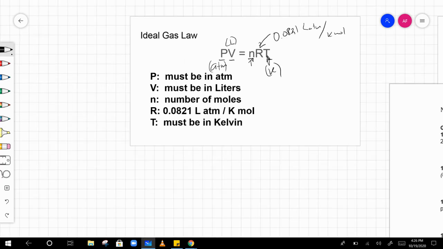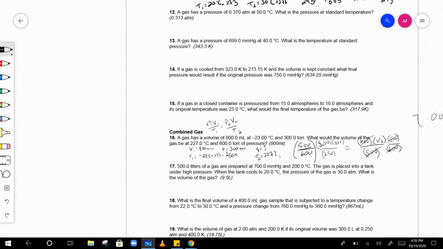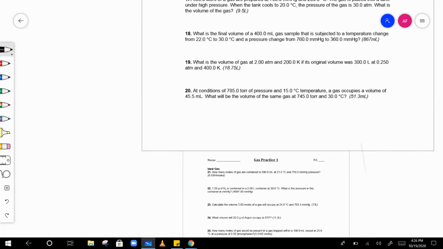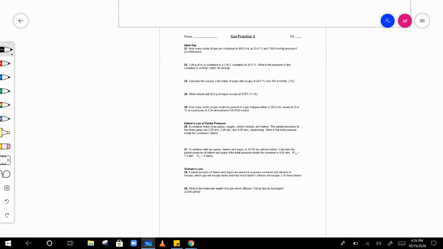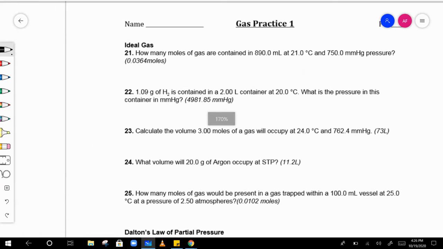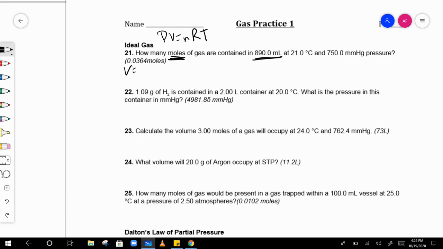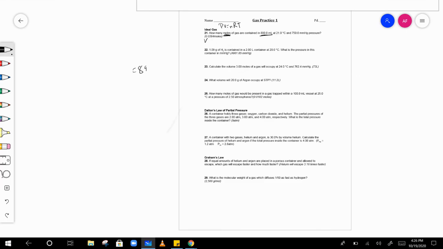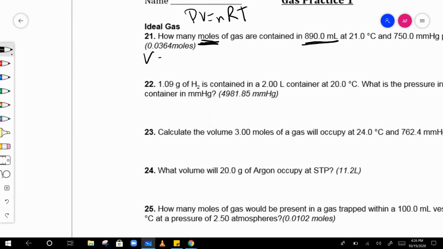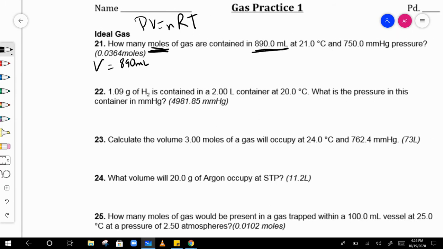Okay, so let's do some problems. Ideal gas, so again, PV equals nRT. How many moles of gas, so we're solving for moles of gas, are contained in 890 milliliters? So volume is 890 milliliters. Our temperature is 21 Celsius.